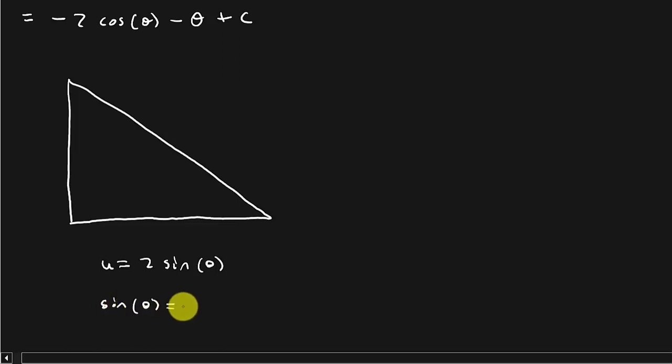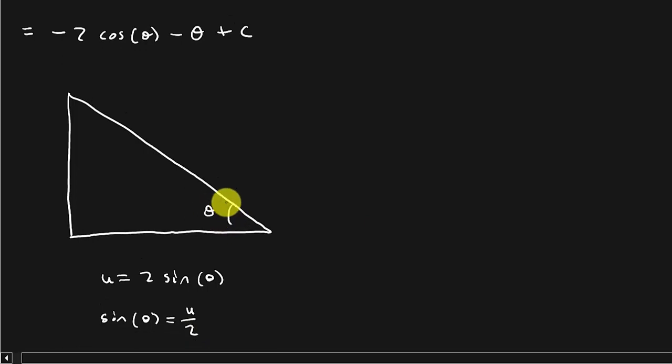And so sine theta is u over 2. So if this is theta, then remember sine is opposite over hypotenuse. So opposite over hypotenuse, and using the Pythagorean Theorem, I get the square root of 4 minus u squared right there.